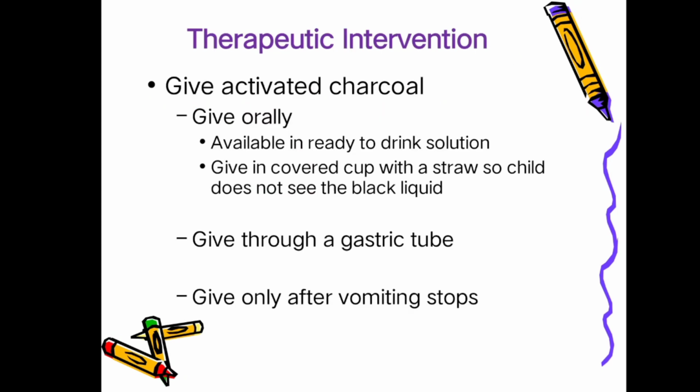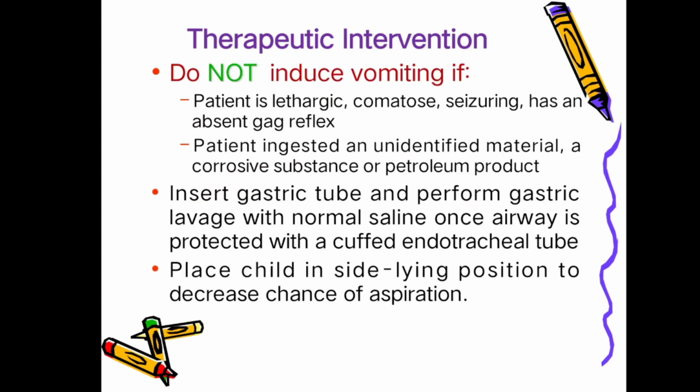Next are therapeutic interventions: give activated charcoal orally as a solution to drink, and cover it when giving it, to prevent the baby from seeing the black color, or give it through a gastric tube with fluid. Do not induce vomiting if the baby is lethargic, in a coma, having seizures, or has an absent gag reflex.